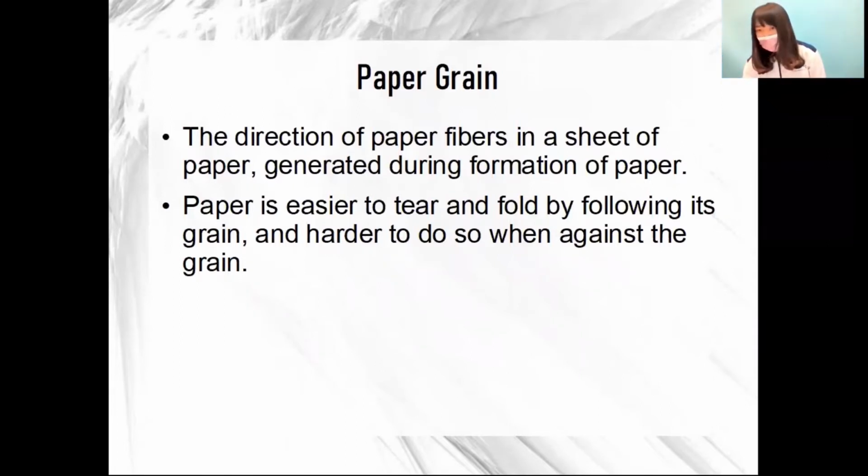Paper grain is very important for packaging boxes. In this packaging box example, we advise the paper grain direction in this way. Why apply it this way? During formation of the paper box, if you apply it this way, after you open the paper box it will be more solid.